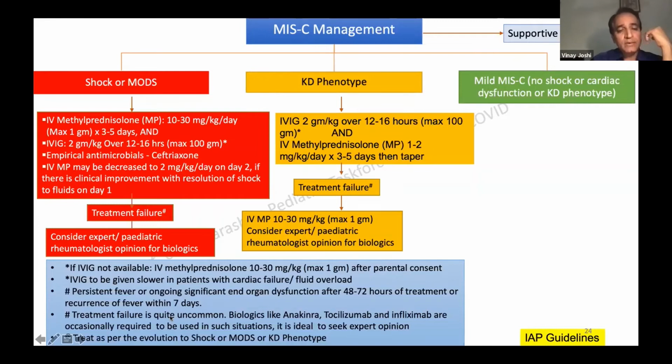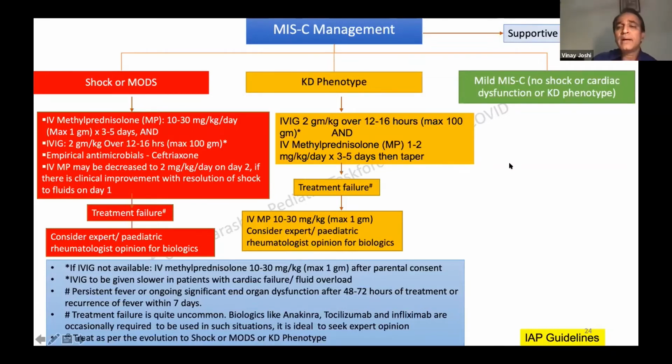When it comes to biologics, treatment failure is quite uncommon, and in our practice at SRCC we have not seen treatment failure in patients treated so far. But in case there is treatment failure, you can consider other biologics like anakinra, tocilizumab, or infliximab. But remember, before you use these, seek expert opinion.